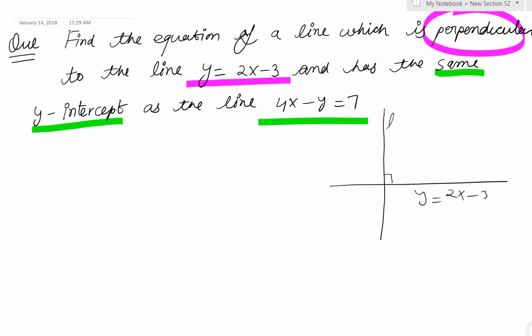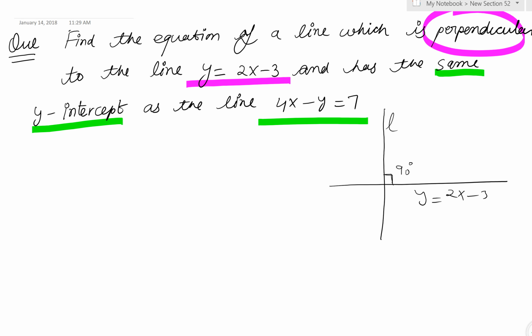So let me call your line L. You have to find the equation of this line L, which meets the given line at 90 degrees. Perpendicular means vertical. They are meeting like horizontal and vertical lines, right?